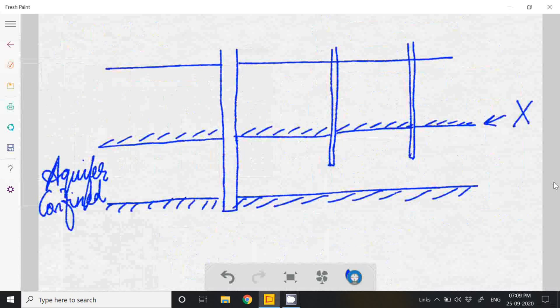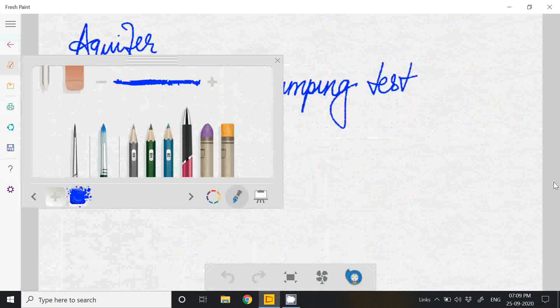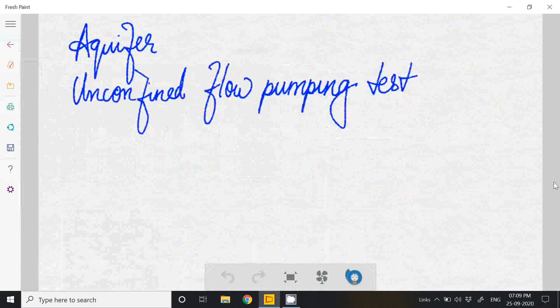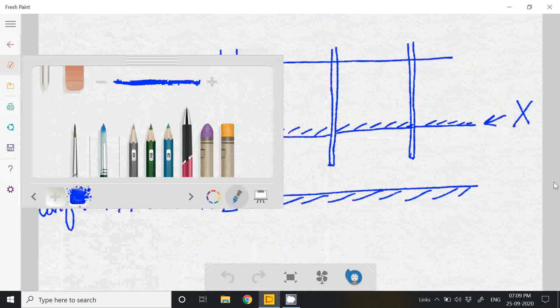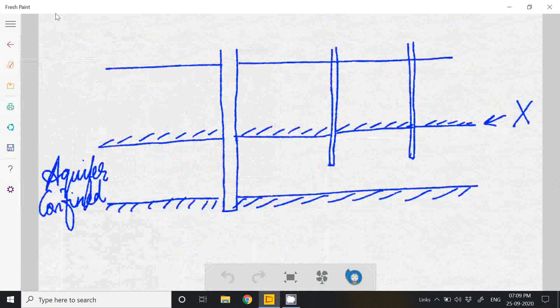So that's why we name the first field test the unconfined flow pumping test, since there is no impermeable layer at the top. The second field test will be done with a confined aquifer.